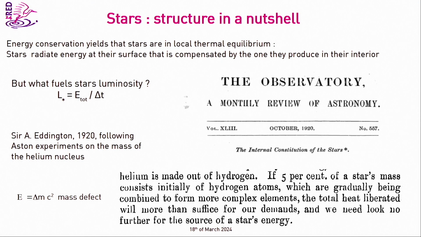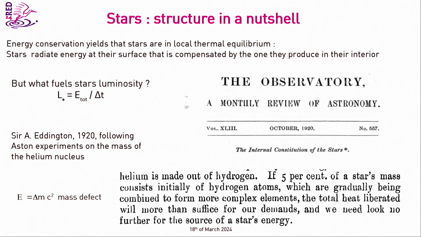And so he wrote this. There's a long paragraph saying that they've come to a dead end, and we have to find where the energy of stars comes from. And he refers to this experiment, and he says that helium is made out of hydrogen. And so if 5% of a star's mass consists initially of hydrogen atoms, which are gradually being combined to form more complex elements, the total heat liberated will more than suffice for our demands, and we need to look no further for the source of a star's energy.